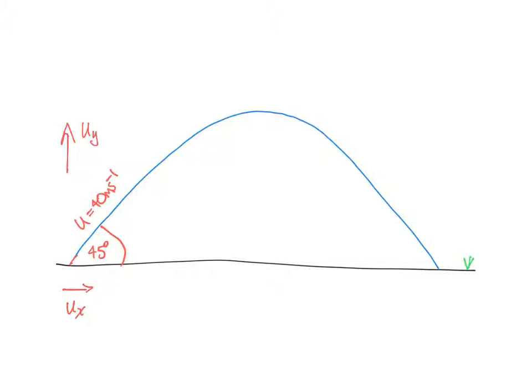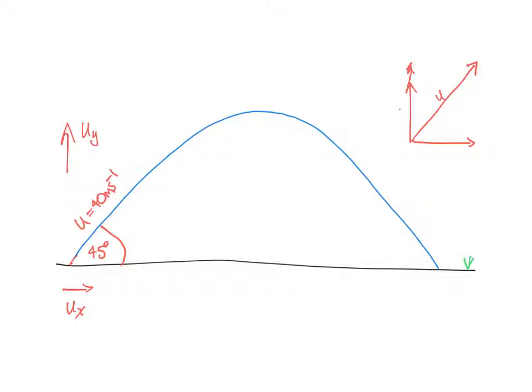If you remember in vector addition, these two vectors produce our third vector. That one's a bit long, should be roughly there. And this is the one we're given.